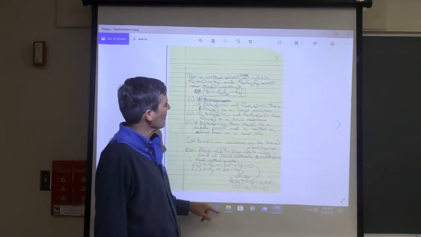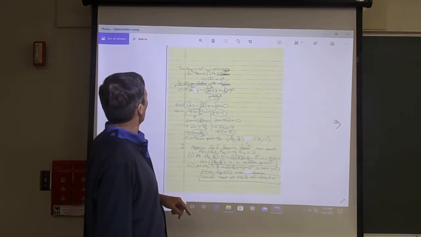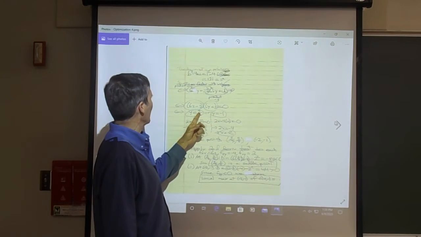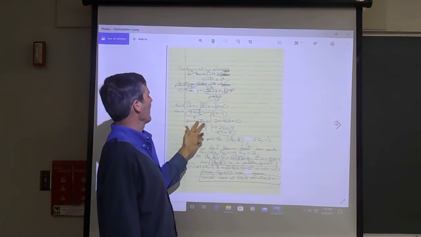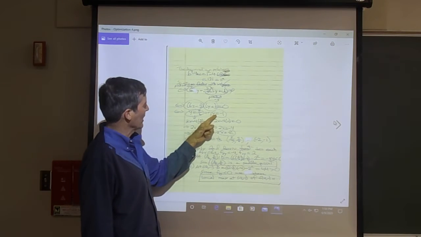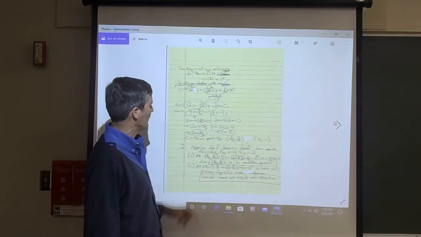That's a quadratic equation in y, so we can apply the quadratic formula and find that y has two solutions, minus 1 or 5/6. Then plug both of those back into the first equation, and you get either y equals minus 1 with x equals minus 2, or y equals 5/6 with x equals 5/3.